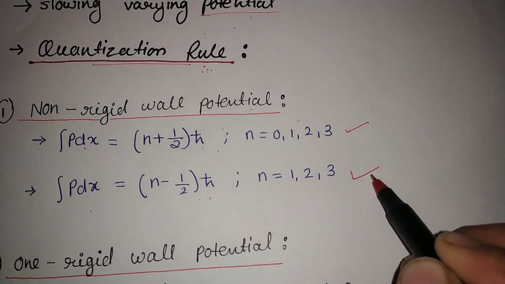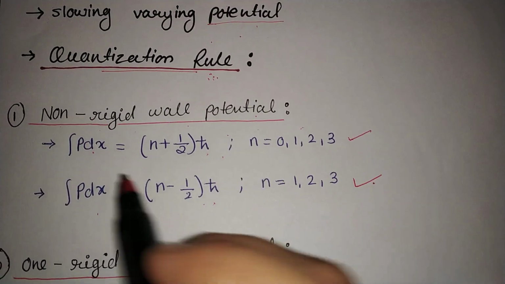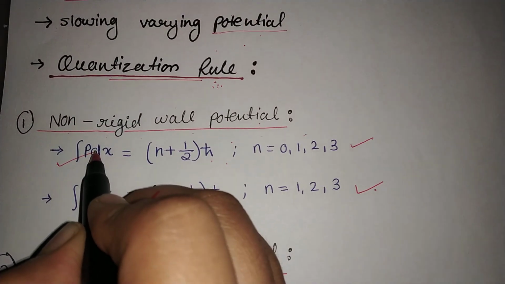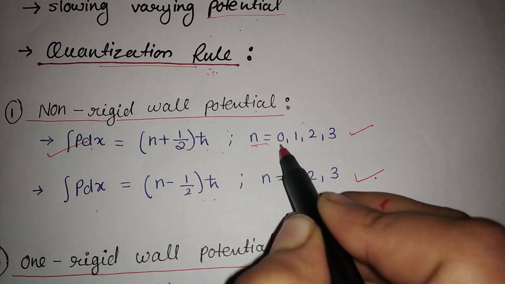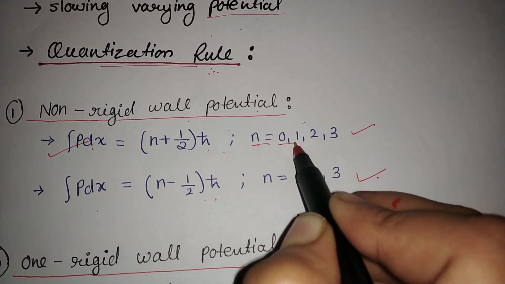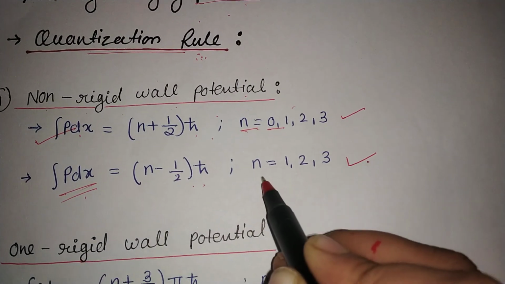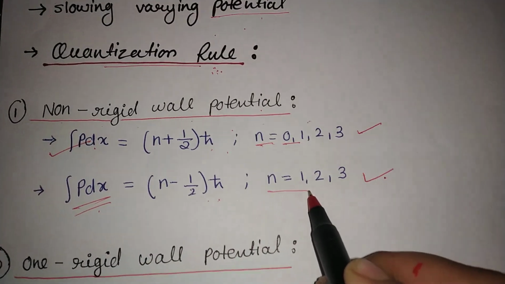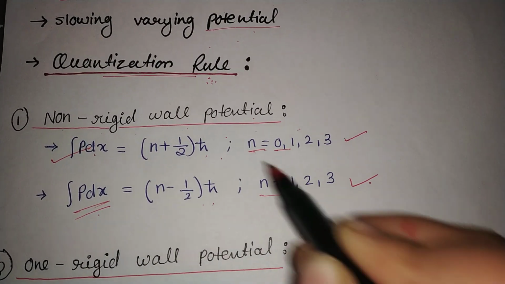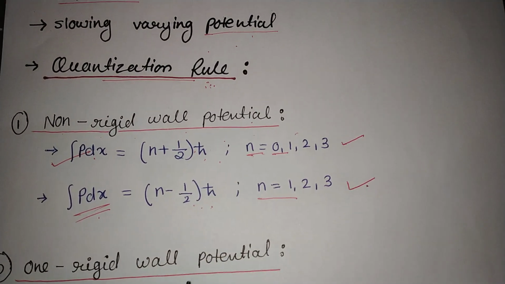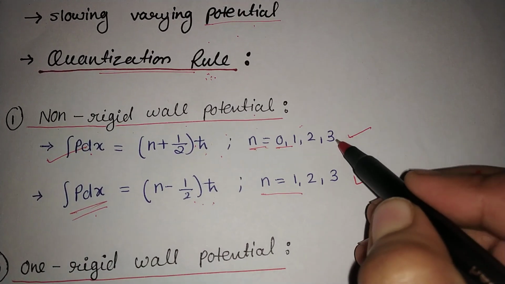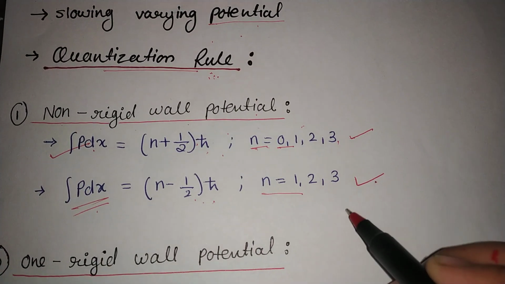Only, if we are using the first one, you have to take the value of n as 0, and if you are using the second one, you have to take the value of n as 1.